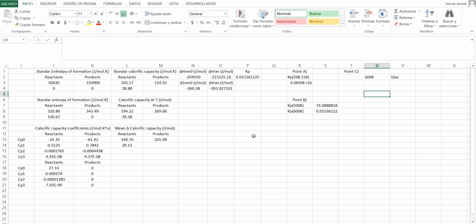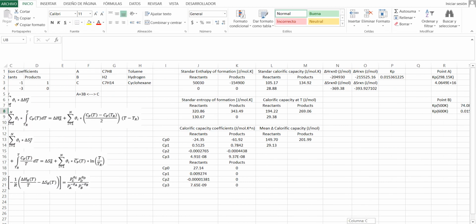So okay, what do we need? We're going to need the Kp value that we calculated in the last point. And what is asked is that we need to calculate the partial pressures of each compound. So let's remember from this table that A is toluene, B is hydrogen, and C is cyclohexane.